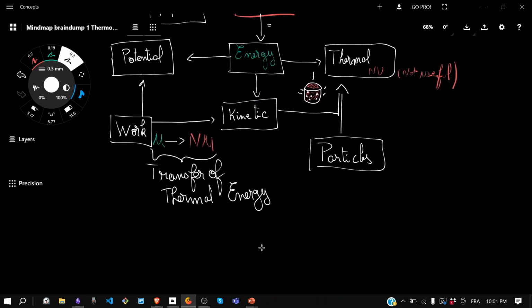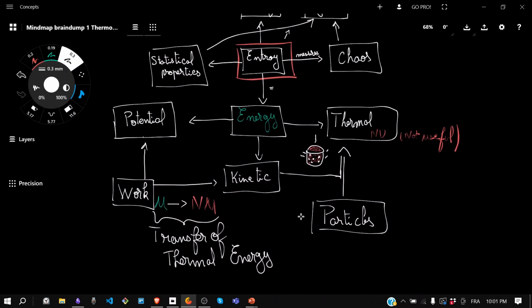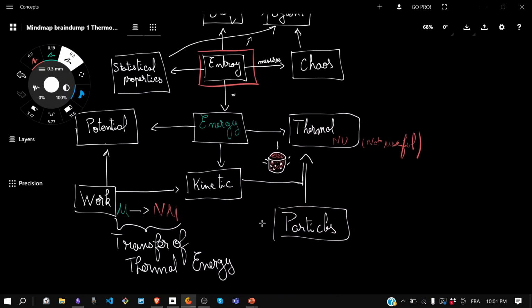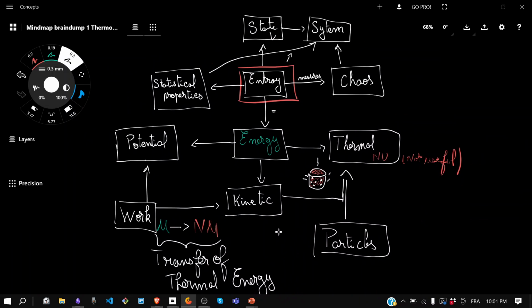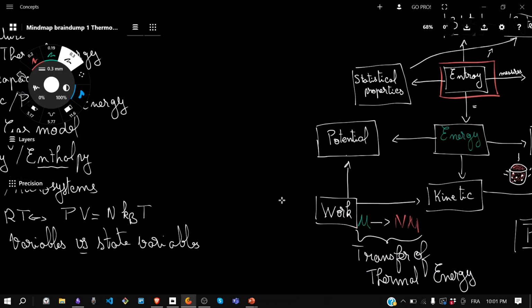This is something that I'm going to do in a different mind map. So this is for the concepts, and then we're going to explore the equations and how they relate to each other. Probably going to do it in an Obsidian note because it's going to be very good for research, so I'll be able to actually use that documentation.